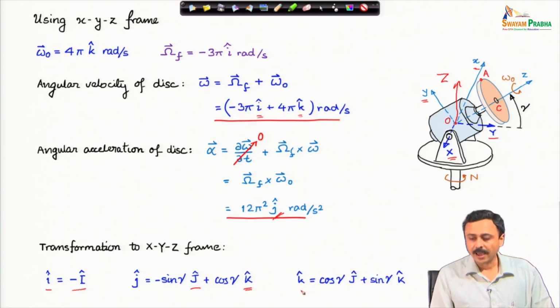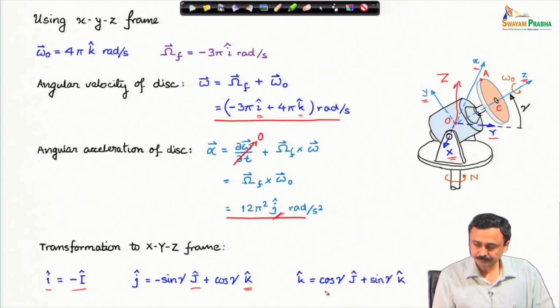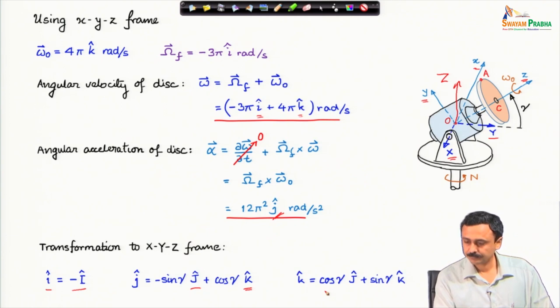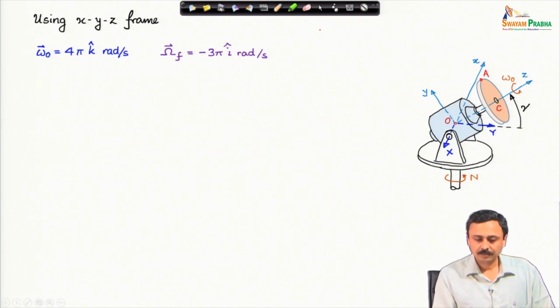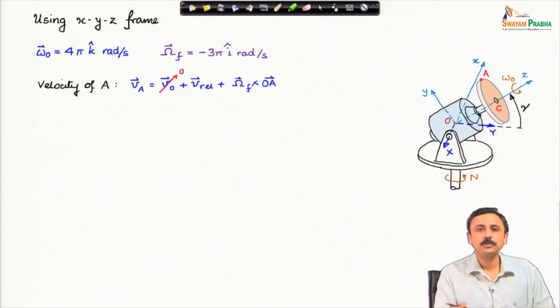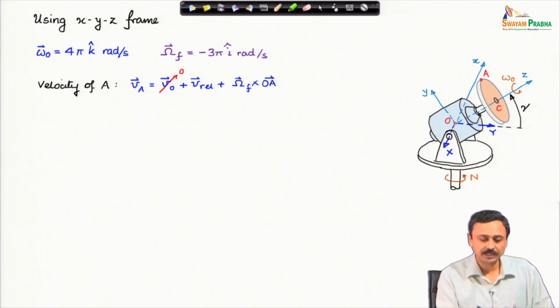Similarly, k cap, which is along the spin axis, can be represented in terms of capital J cap and capital K cap. Once you use those transformations, you can represent all those vectors in the capital XYZ frame.